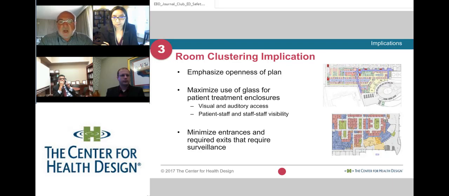There have been some questions about pods and clusters that have surfaced, which the plan on the lower right shows: you can see multiple clusters of rooms around, whereas the plan at the top is a fairly linear layout with a great deal of visibility inside the work core. This happens to be an on-stage, off-stage arrangement, as well as outside where the patients are coming into that space.